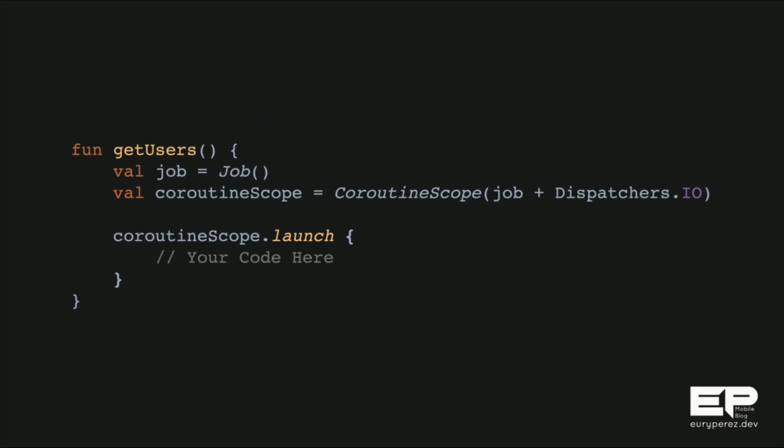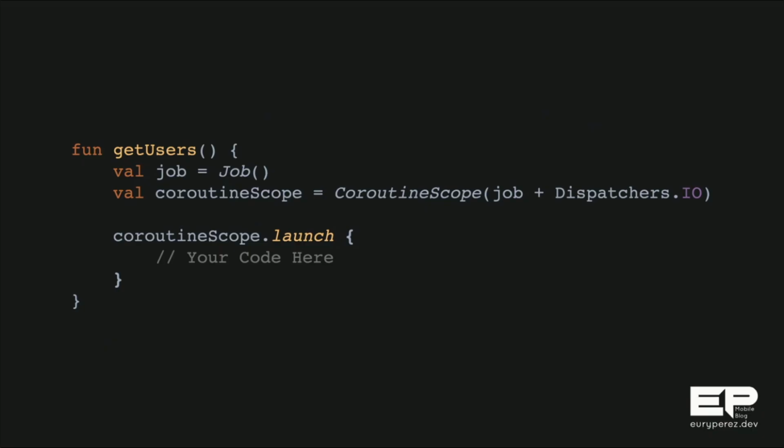As I told you, we need to pass a coroutine context as the argument of a coroutine scope. And as the coroutine context is a mix of multiple components, we can pass all those components with the plus operator. In this case, I'm passing a job, and then I'm telling this coroutine scope to work on the IO dispatcher. I will explain this in a slide in some minutes.